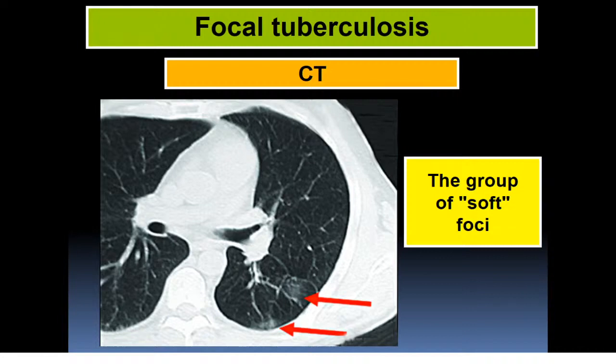On this CT scan, we can see a group of soft foci in the left lung, localized subpleural. These focal shadows have not clear borders.